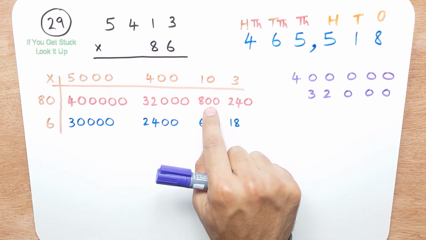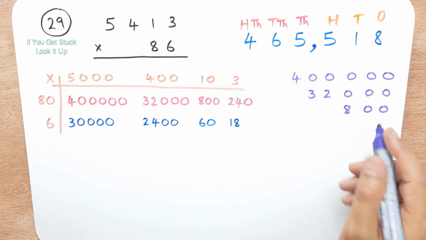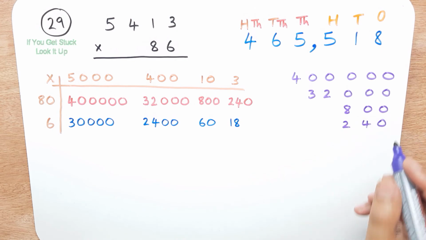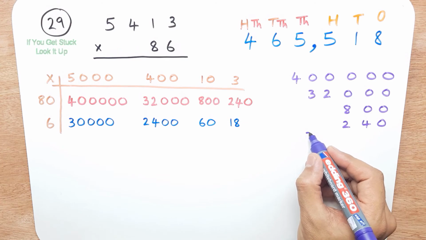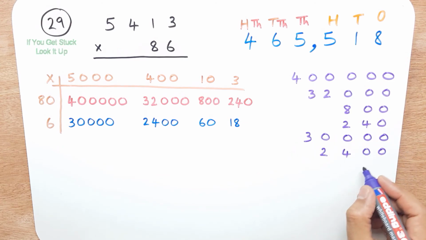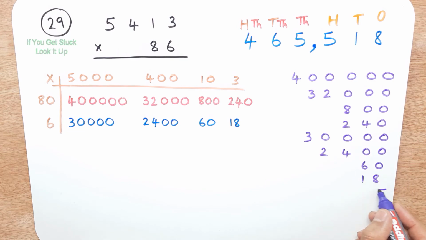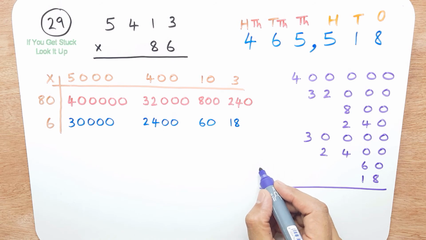Then I have 800 and 240. Now I continue on and do the same with these. And once I've lined all these up, I simply add them.